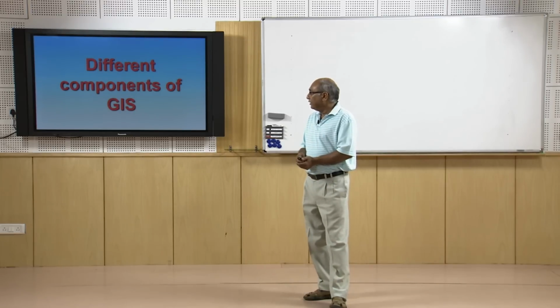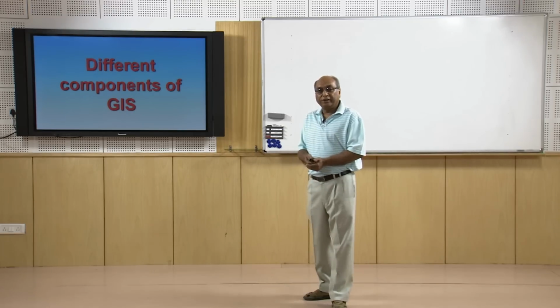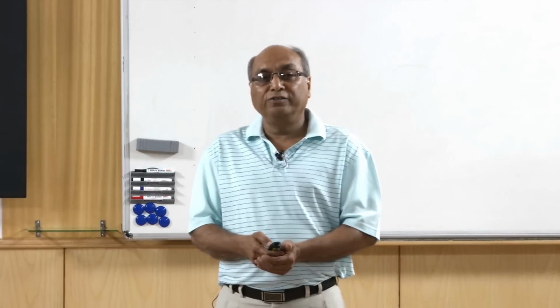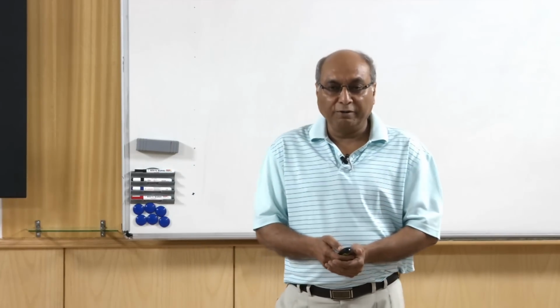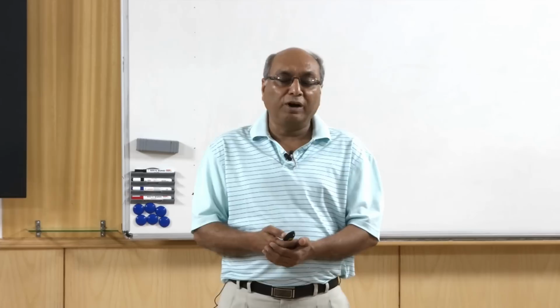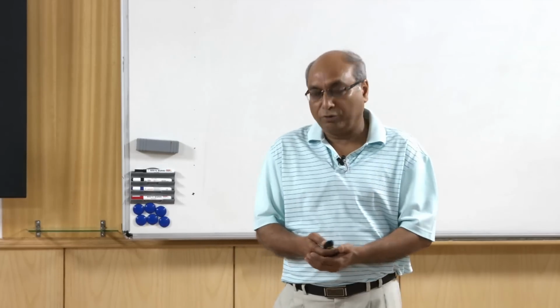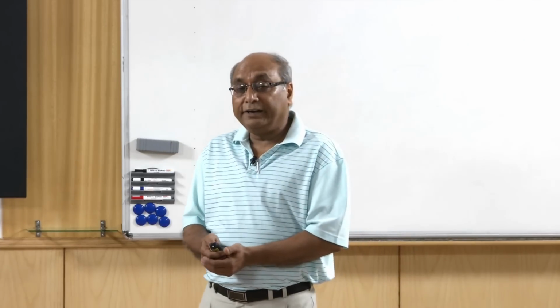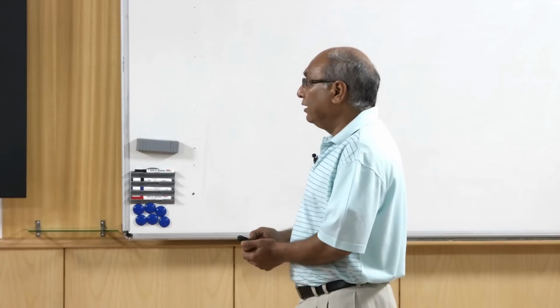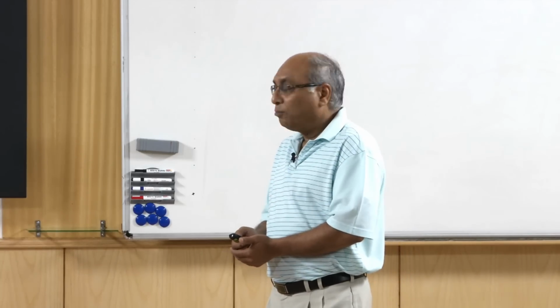If you look at different literature, books, or web pages, you would find people describing maybe 5 components, 6 components, and so on. But I feel that we can very well segment GIS into 5 major components.